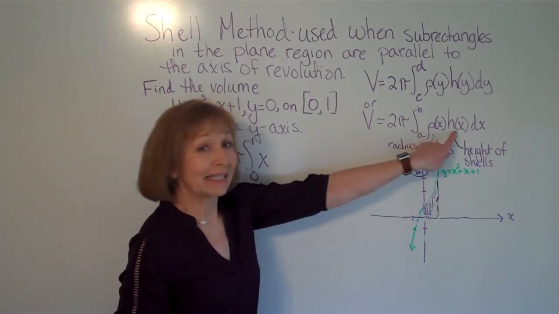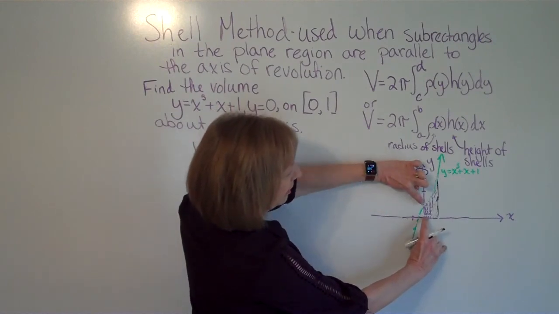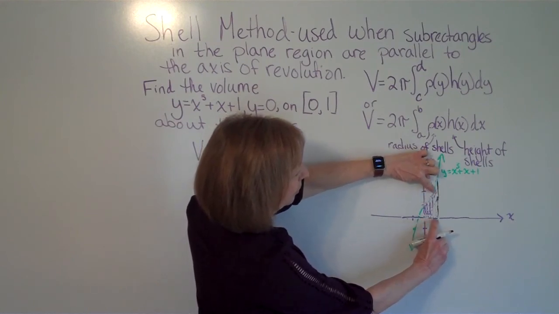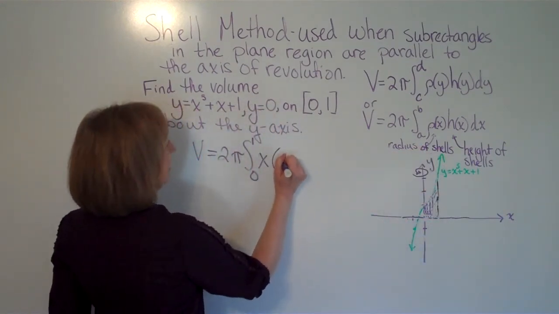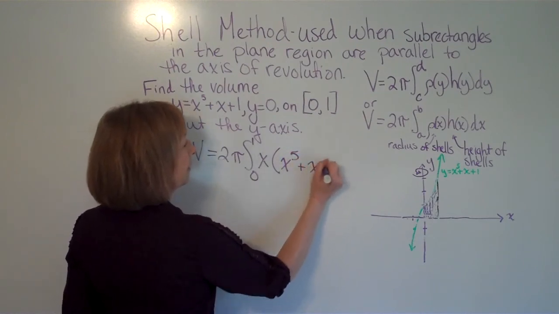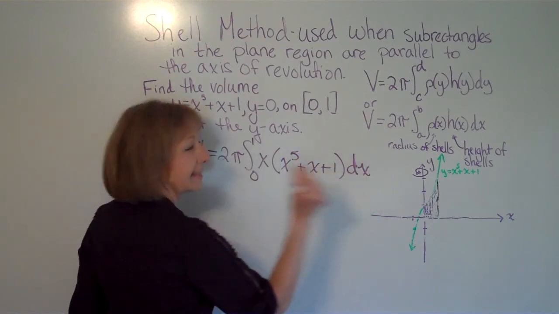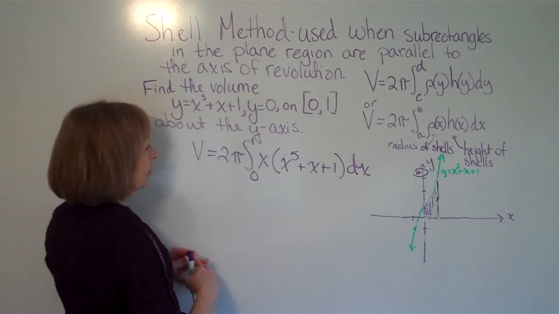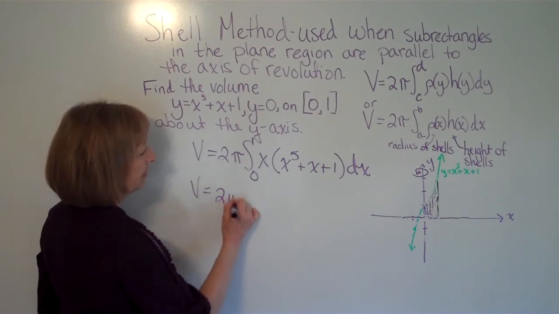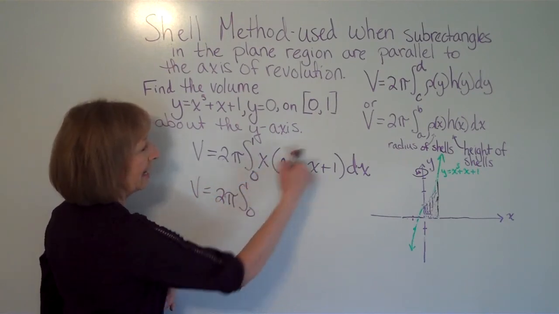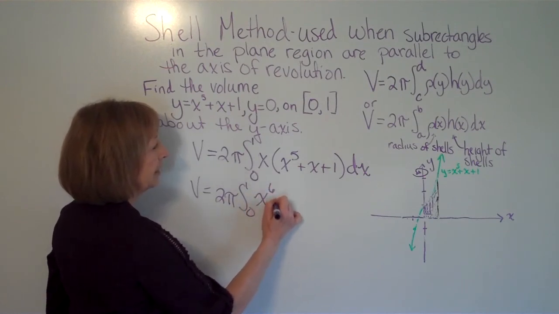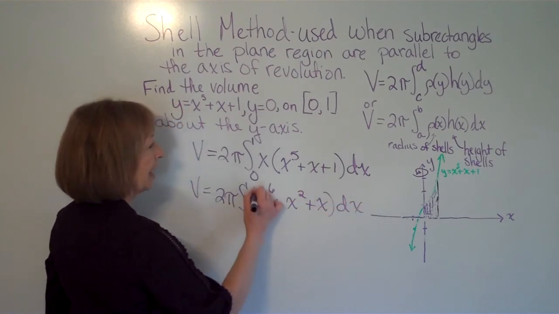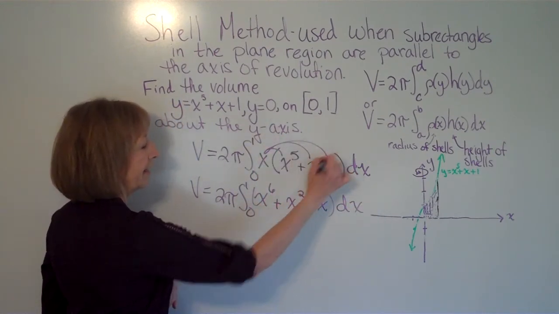Then the height of my subrectangles: this region is tight against the x-axis, so it goes from the x-axis up to the curve, so the height is x to the fifth plus x plus 1. And then dx is the little thickness of those cylindrical shells. Now that we've set it up, we distribute the x through so that we can get ready to integrate.